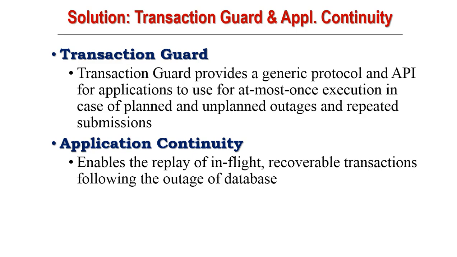If it is the same for a transaction, they will already have the transaction's status information stored in the clusterware, and because this information is stored, the system can very easily check what was the last status of the transaction. Was it completed, was it not completed, or if it was completed, was it a commit or a rollback? Now obviously that means the transaction guard does not really need any additional setting.